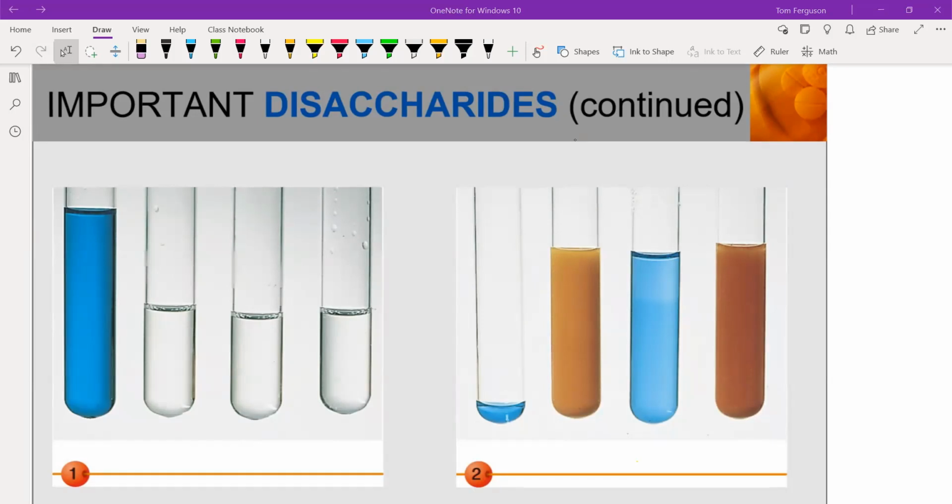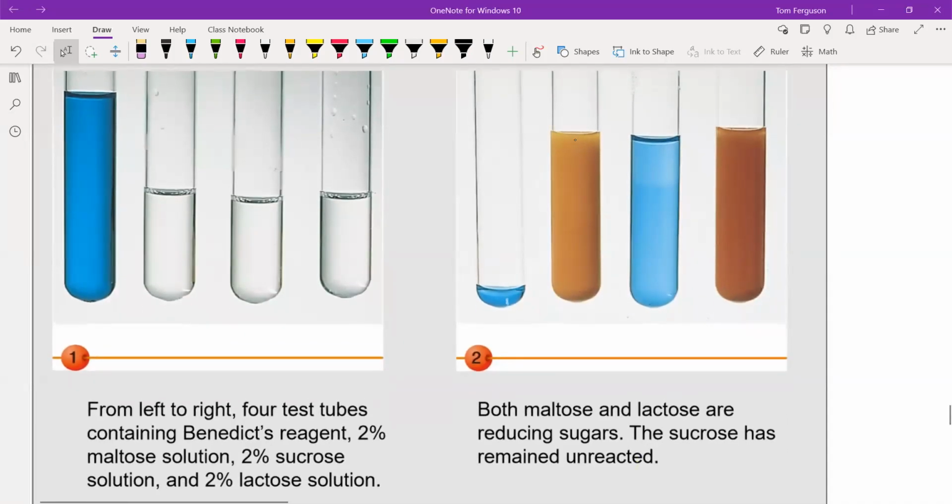Okay. All right, so we have Benedict solution. Benedict solution has a real pretty copper +2. And then we have maltose, sucrose, and lactose.